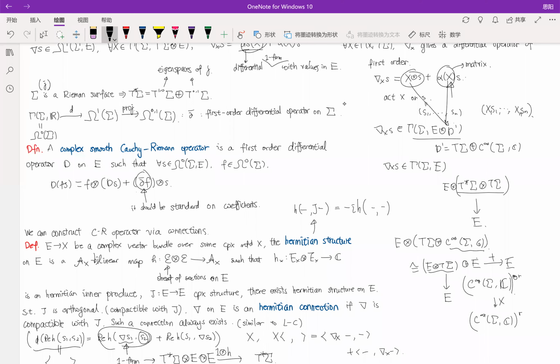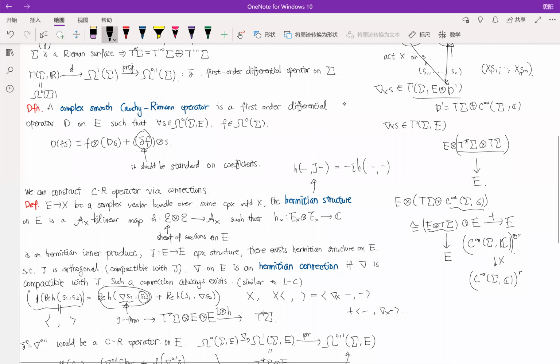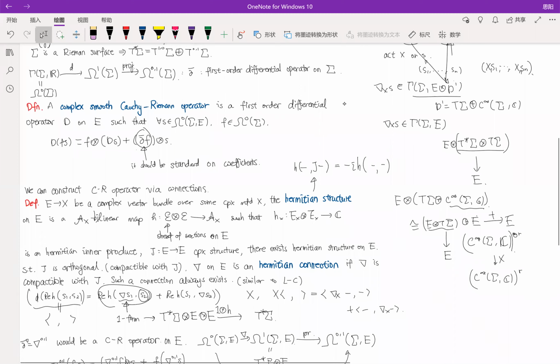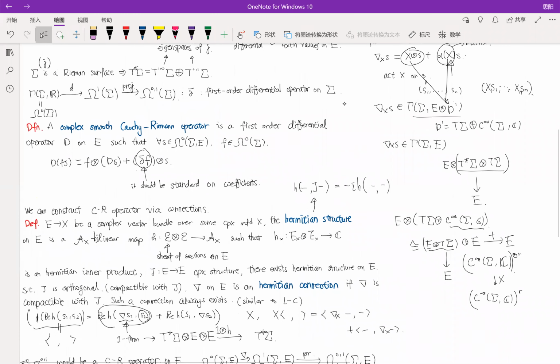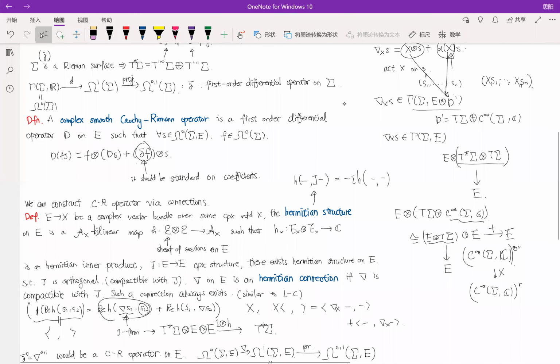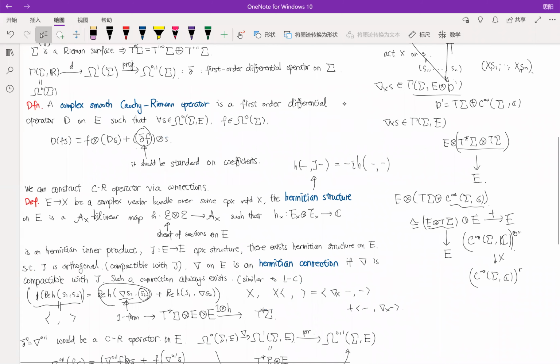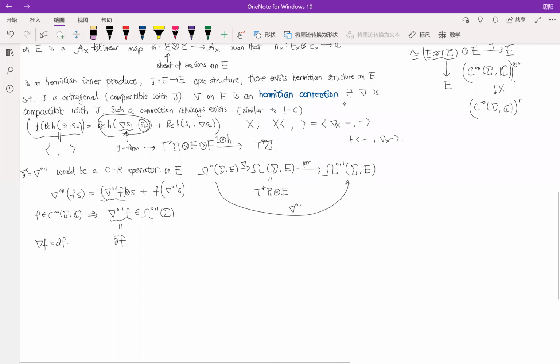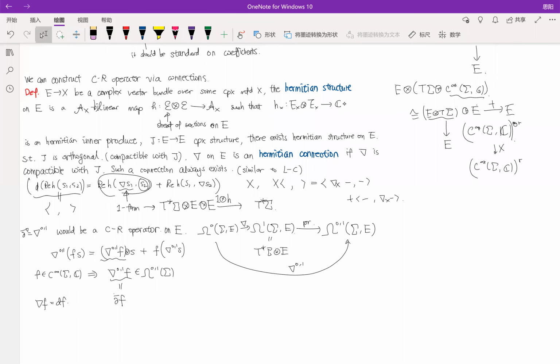Right. I guess my question is, I think what I learned about Hermitian connection is the definition without using the real part. Is it equivalent to that one? Like dh of S1 S2 is equal to h nabla S1 S2 plus h. Yes, are they equivalent, right?